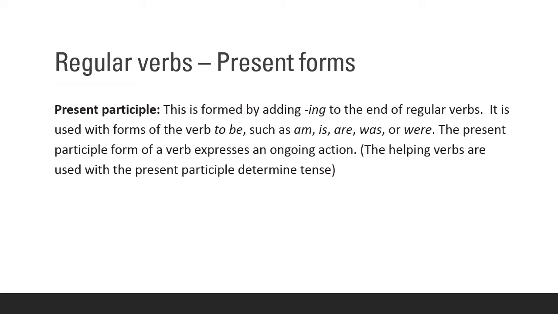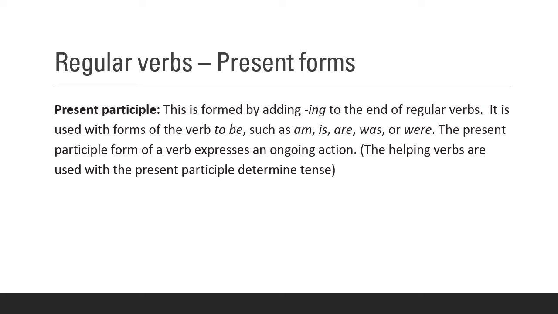And if it's a past tense, we use was and were. Now the present participle form of a verb expresses an ongoing action. This doesn't refer to any action that happens every day or which is a habit or a routine or a fact. It only talks about those actions which are ongoing.